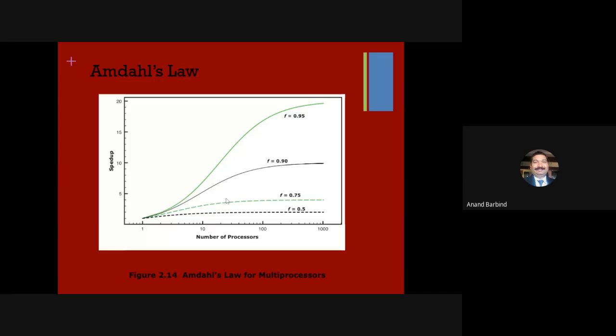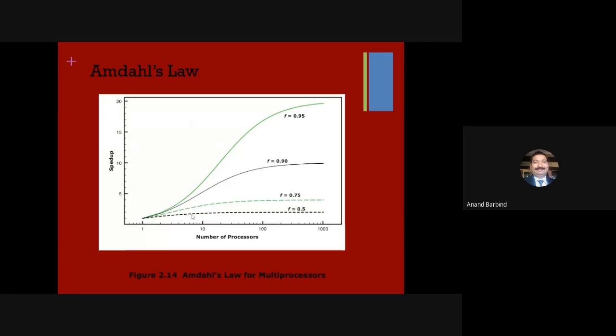You can see that the speedup is not increasing as much. If the part of the program which can be executed in parallel increases, then the speedup also increases. The bottommost curve shows that f is equal to 0.5. That means only 50% of the program can be executed in parallel, whereas the remaining 50% needs to be executed serially.